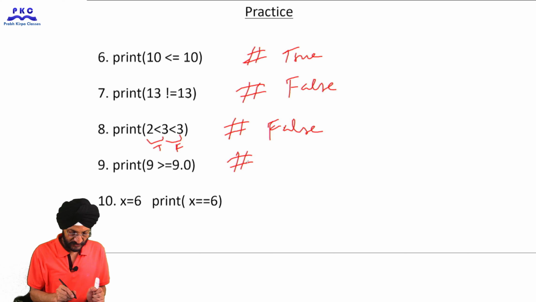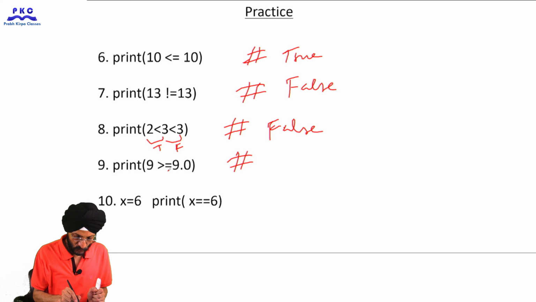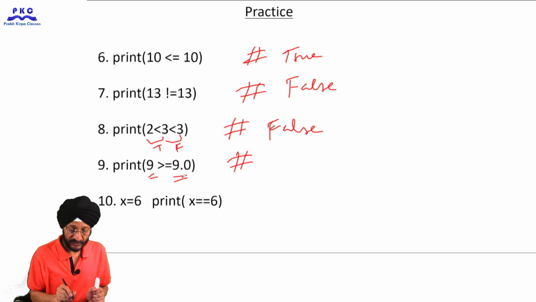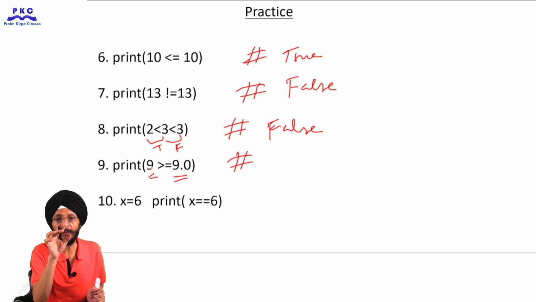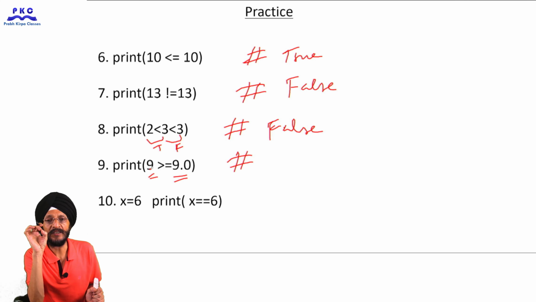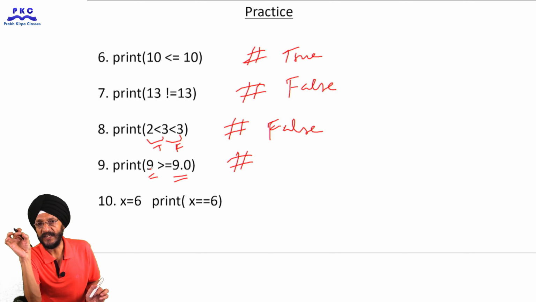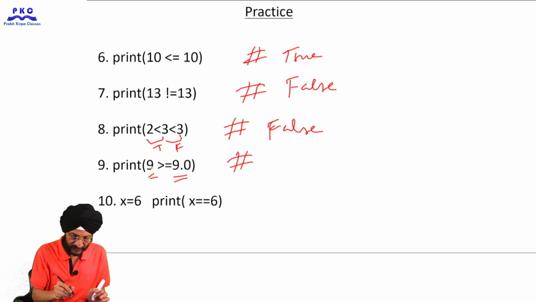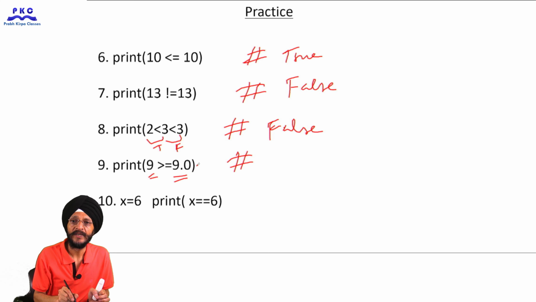Next, 9 is greater than or equal to 9.0. Here you will see that the first 9 is an integer, a whole number. There is nothing like a decimal. But the second, 9.0, is a floating number.